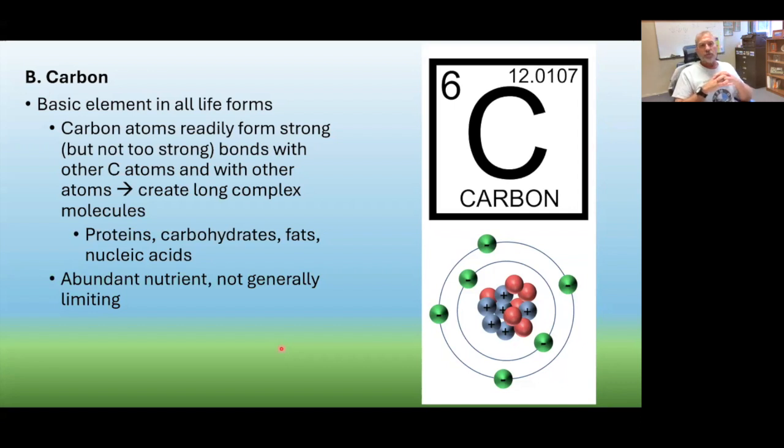And carbon atoms readily form fairly strong bonds with other carbon atoms. And they create these long, complex molecules that include atoms of other elements, right? And they build things like proteins, carbohydrates, fats, nucleic acids, right? That are part of your DNA, your RNA. They're an abundant nutrient, and typically they're not a nutrient that's going to be limiting.